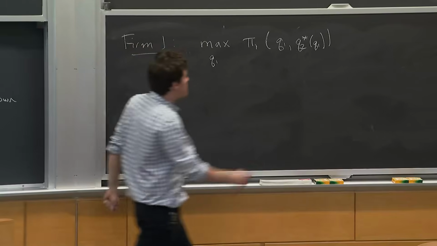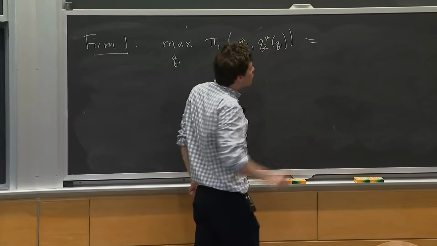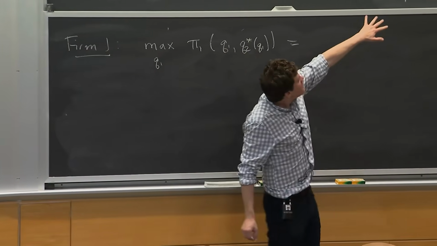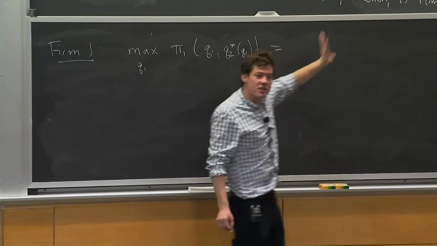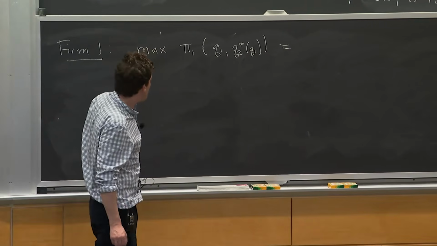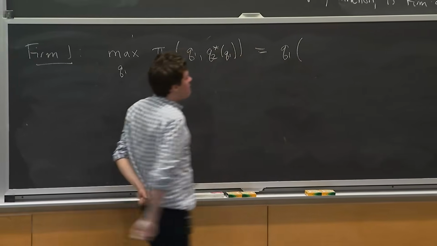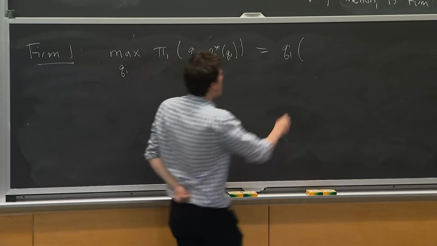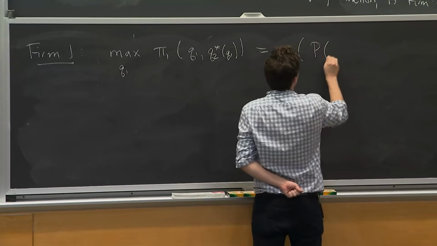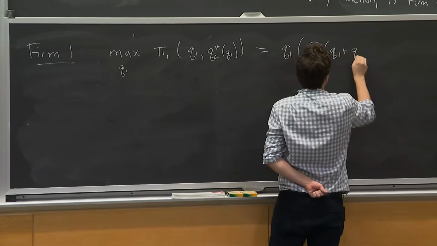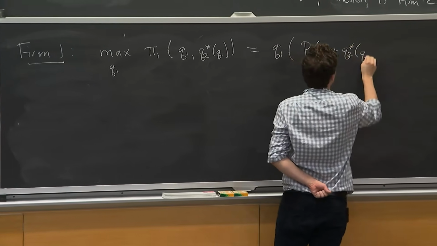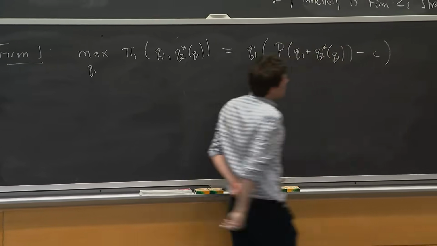And now we're just going to substitute everything in. And we'll use the trick of hoping that we never deal with the 0. So let's assume everything's positive and solve it and see what happens. So we're going to get q1, the amount that I produce, times q1 plus q2 star of q1 minus c.